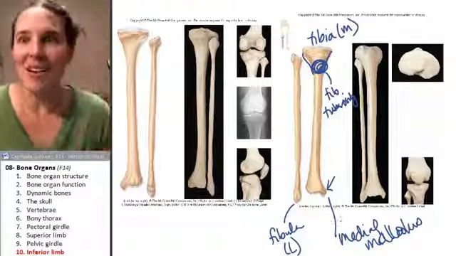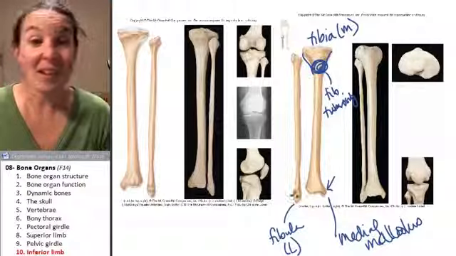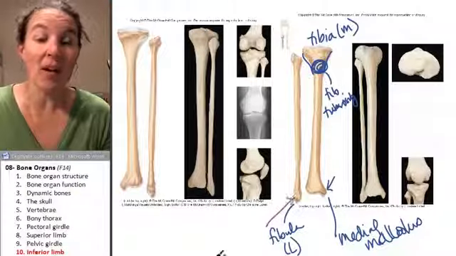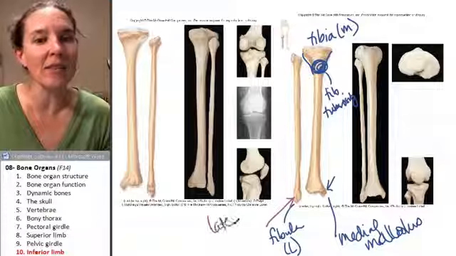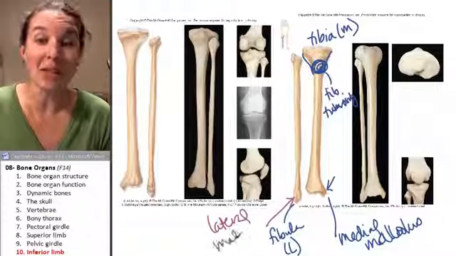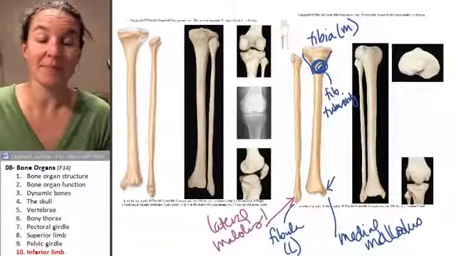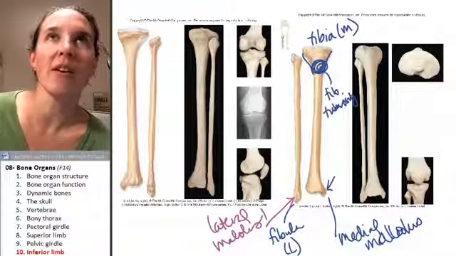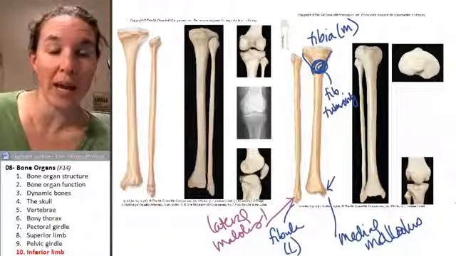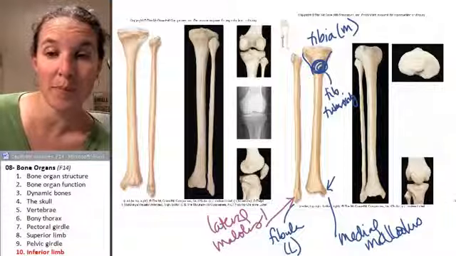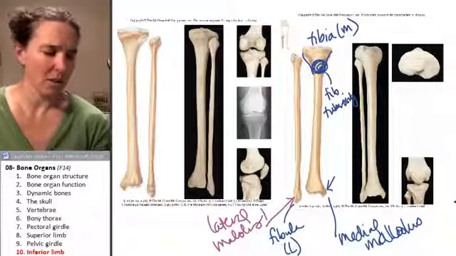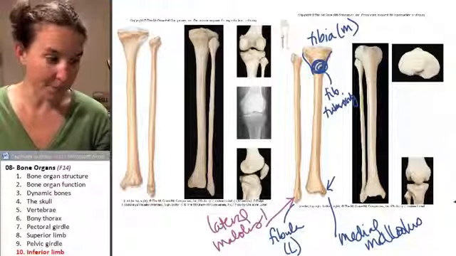The fibula has a giant bump called the lateral malleolus. And both of those together are your ankle bones. You can feel them pooching out there because bones pooch all the time, right?